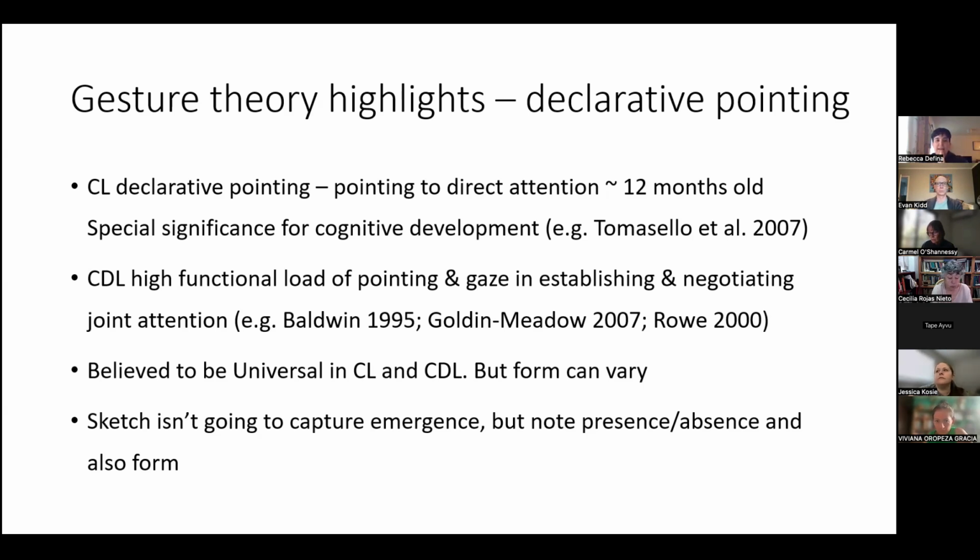It also plays a very high functional load in child-directed language, in establishing and negotiating joint attention. These declarative points are believed to be universal in both child language and child-directed language, but the form can vary.